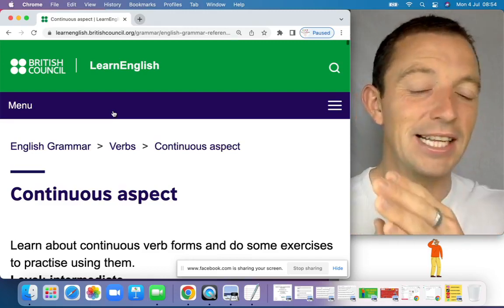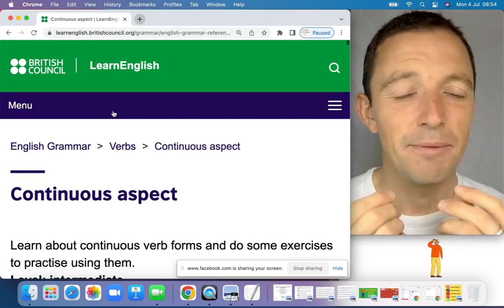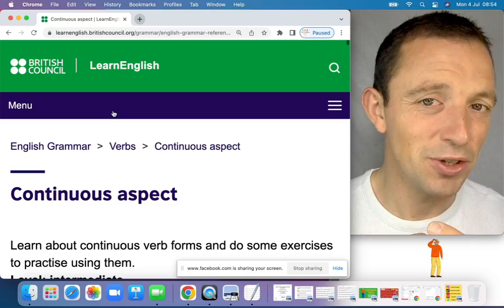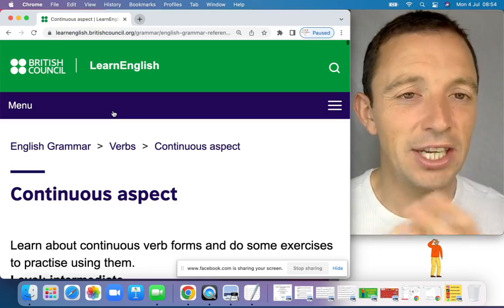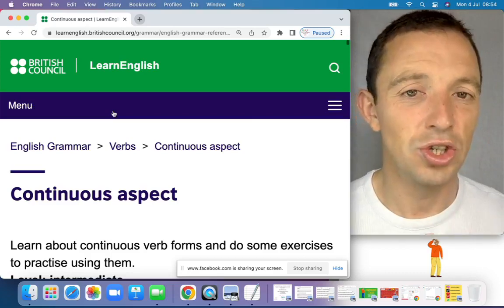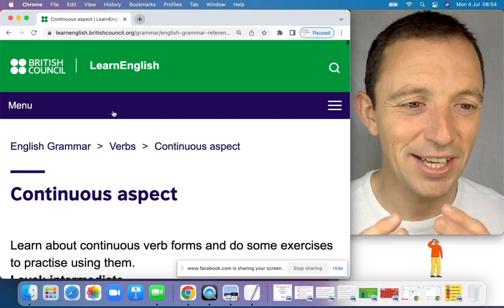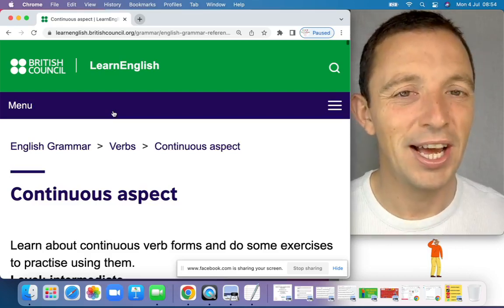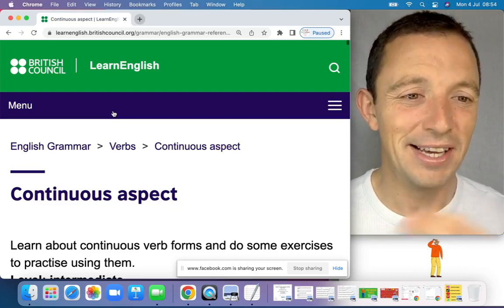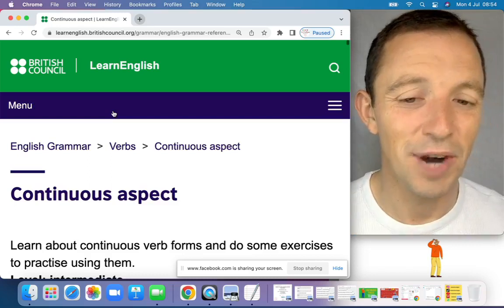It explains the theory very simply, very clearly, at an intermediate level, and it also has a lot of interactive exercises to do in relation to each topic. It's a very good page, and I highly recommend using this website to study your grammar.